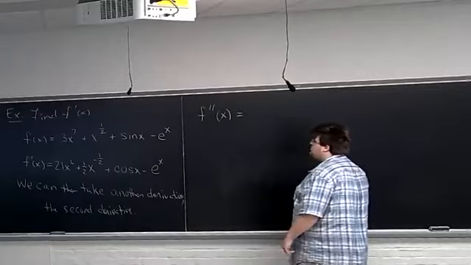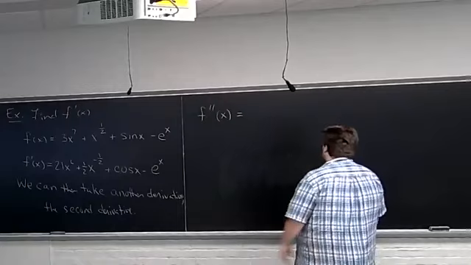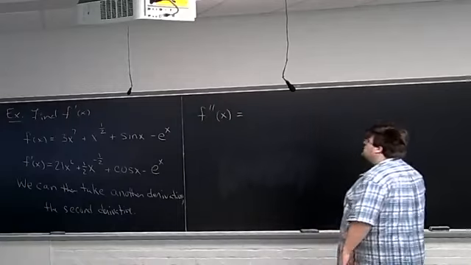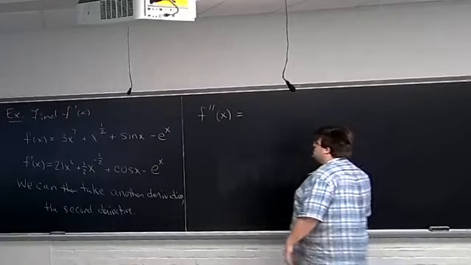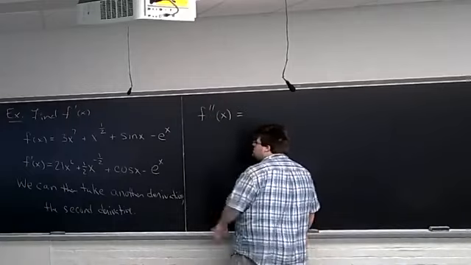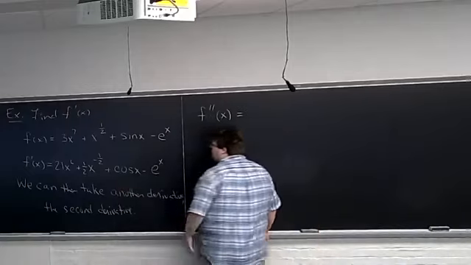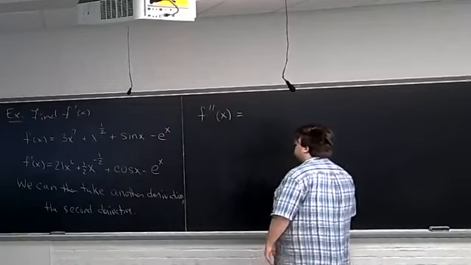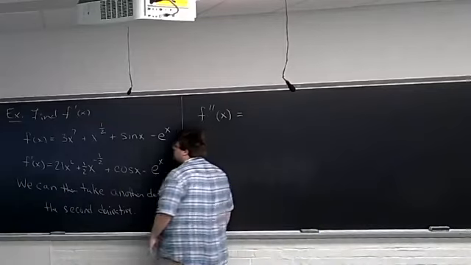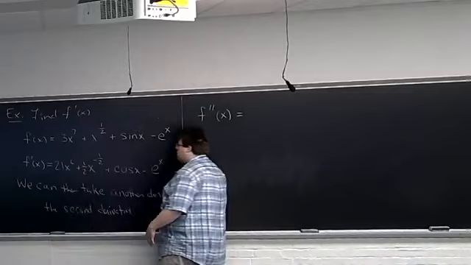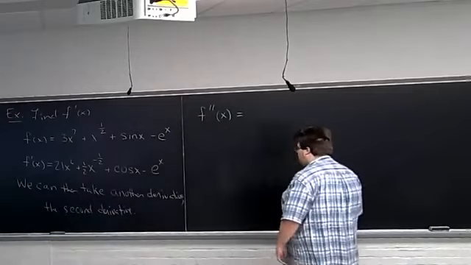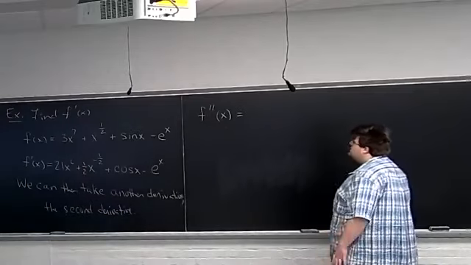You could read it F prime prime, F double prime, second derivative of F. But to find F prime prime, we need to take the derivative here. So I probably should have used a different number there, but for this example, I will leave it.